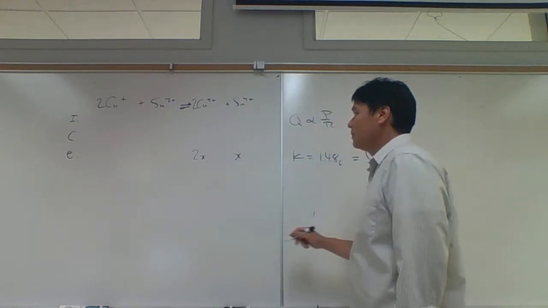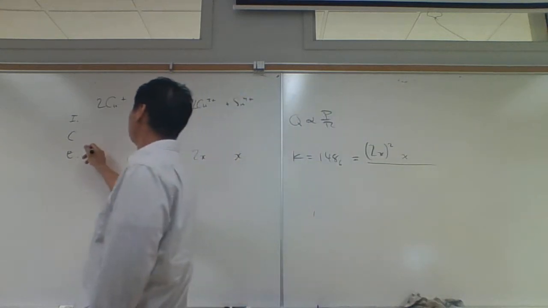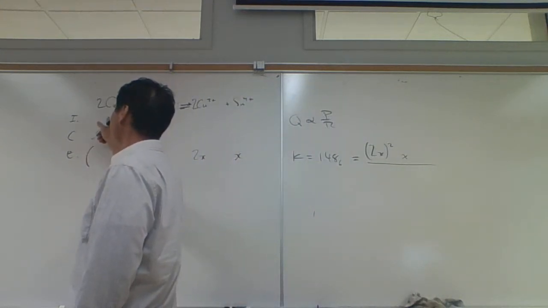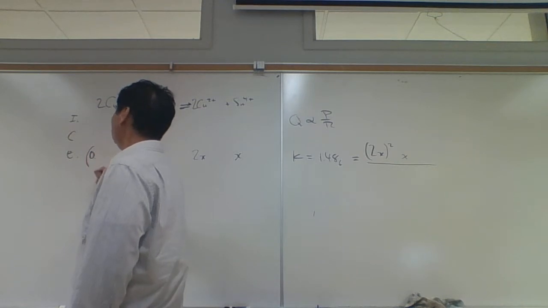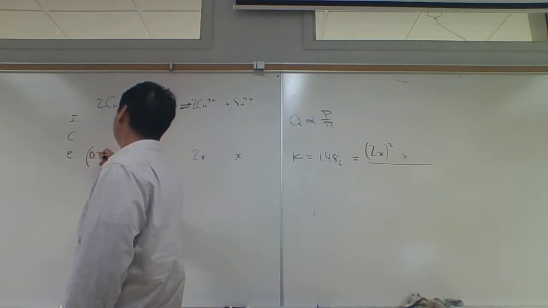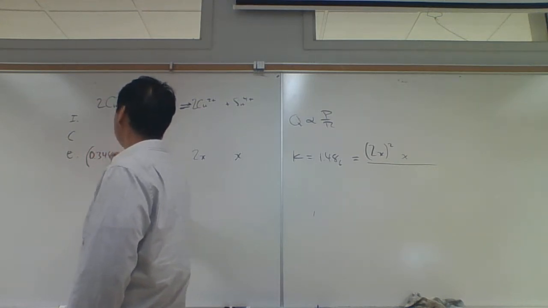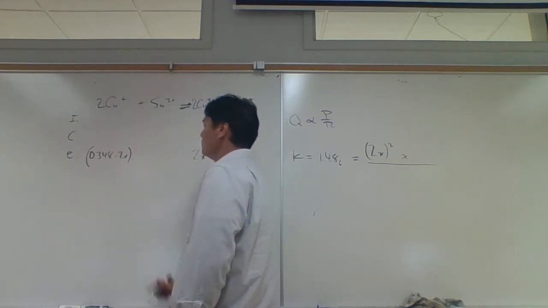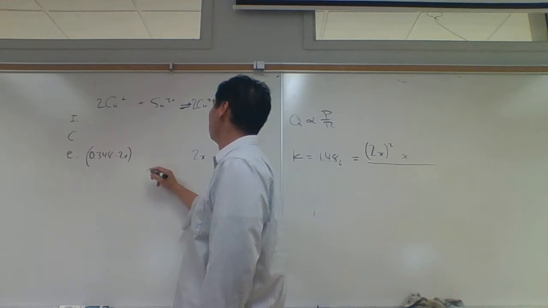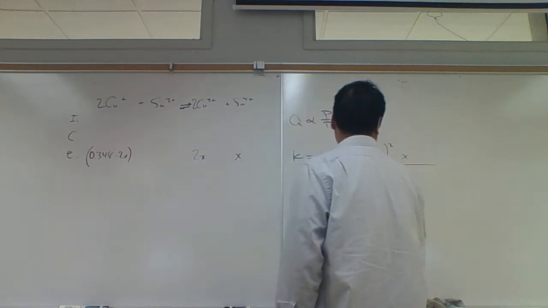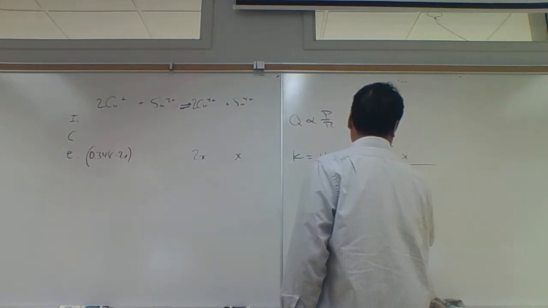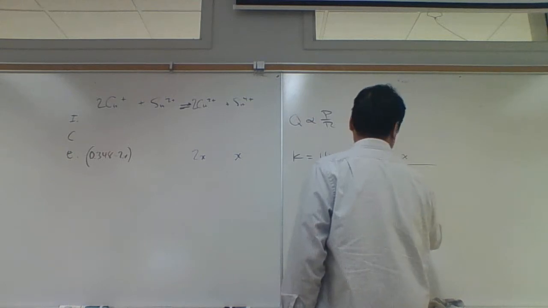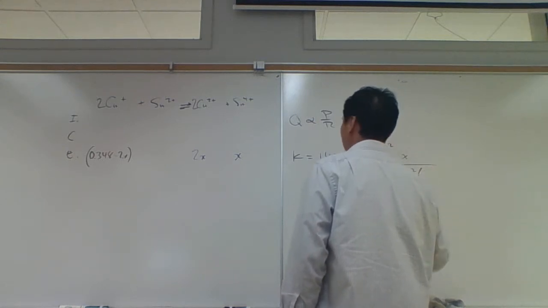What was the equilibrium concentration of the copper plus? The initial concentration was 0.348, and then there was a change. We lose 2x. We don't know what that percent change is, so we'll just leave it as 2x. So it's (0.348 minus 2x) squared.